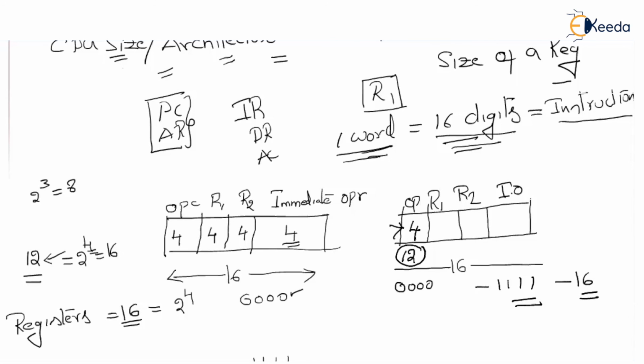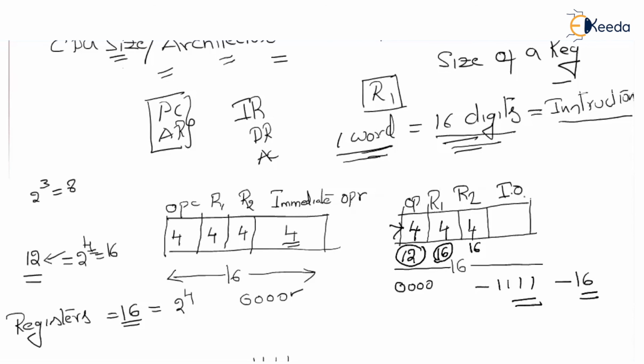For R1, to accommodate the register field, first see how many registers are available in the system. The total number of registers is 16, so 4 digits are required. Again for R2, the total number of registers is 16, so 4. If one register takes 4 digits, another register will also take 4 digits.